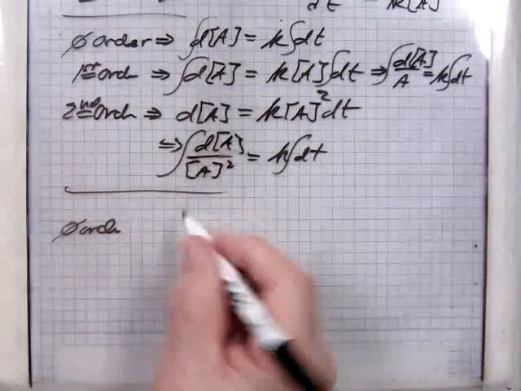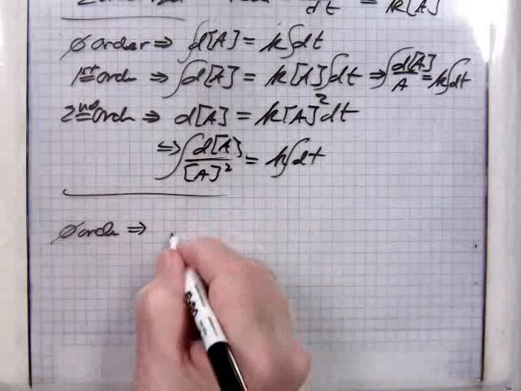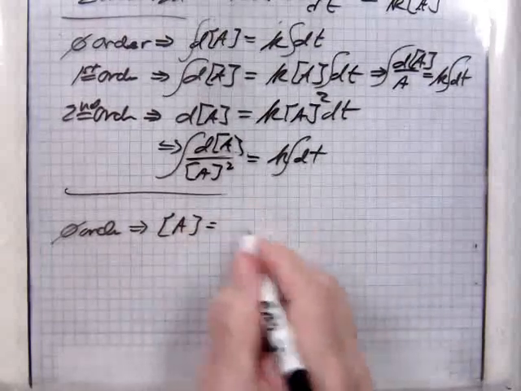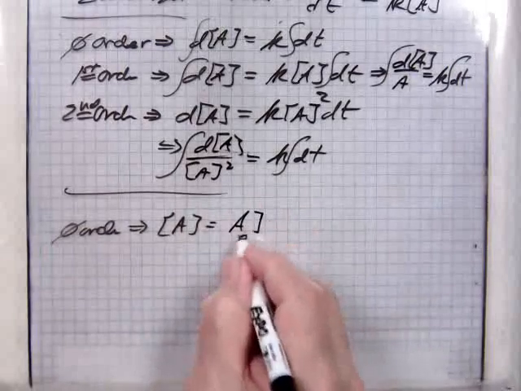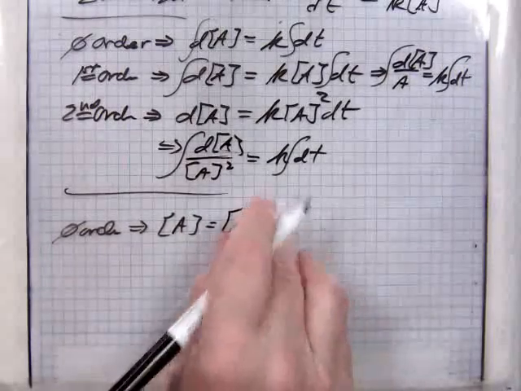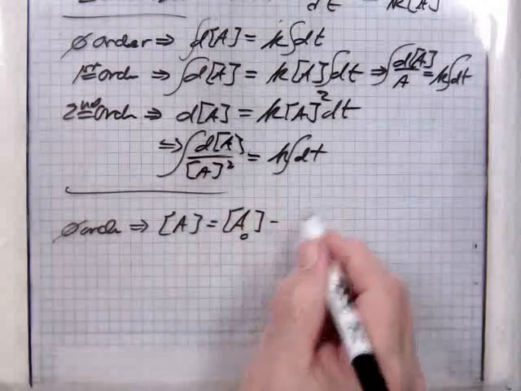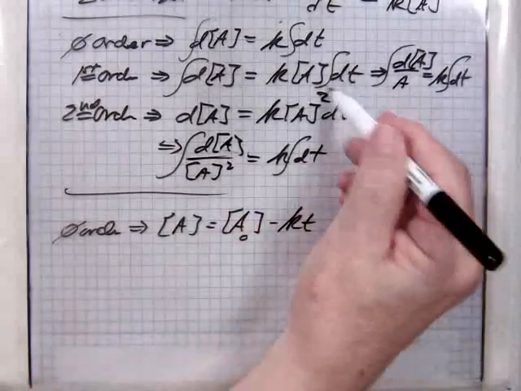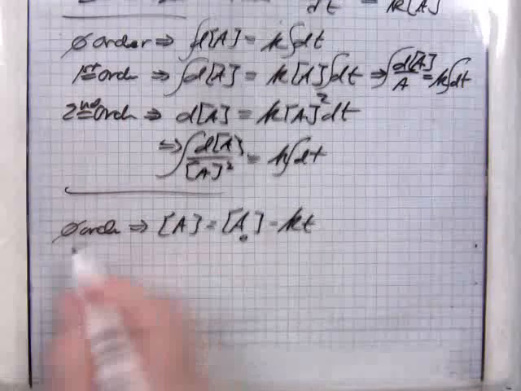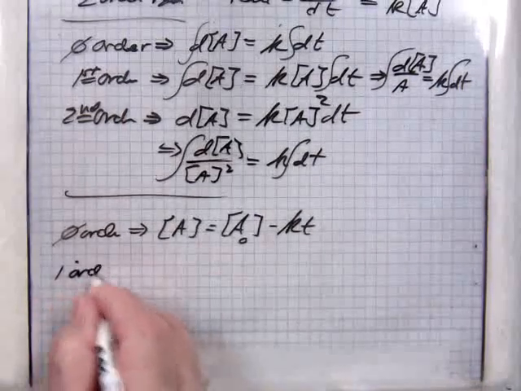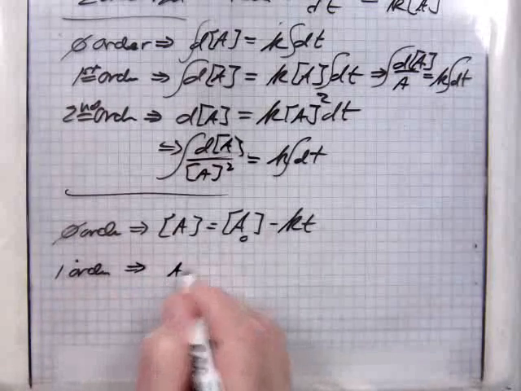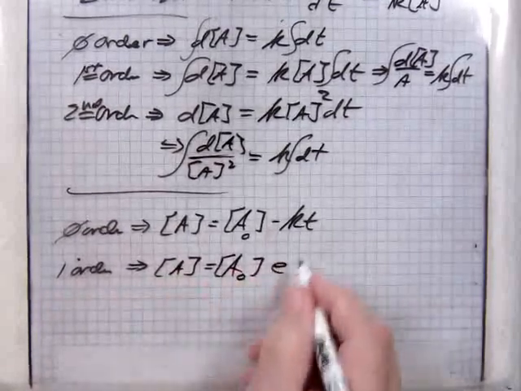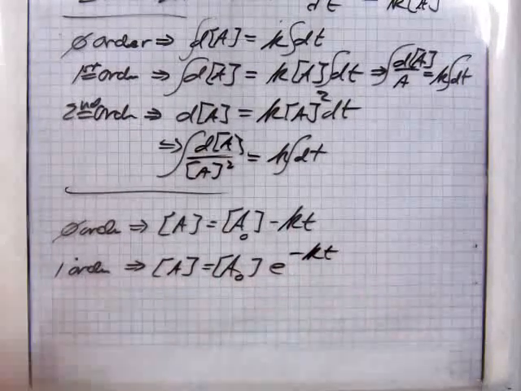So the integral of dA is A, the concentration of A, which is initially A naught, whatever concentration it is, minus KT. KT is of course, dt. Integration of just dt is t. First order expression gives A equals A naught e to the minus KT, like that.